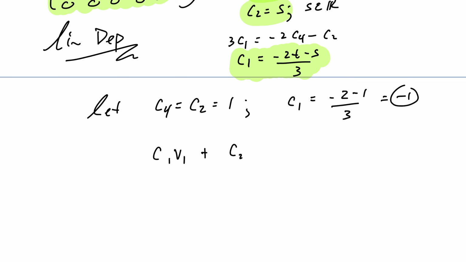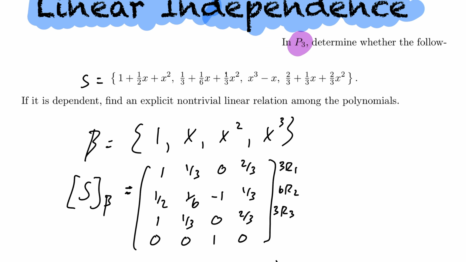So putting this all together, if I look at the combination C1V1 plus C2V2 plus C3V3 plus C4V4 and set that equal to 0, just to remind you, I'm letting this be V1, this be V2 in my example, this is what I'm defining to be V3, and this is V4.